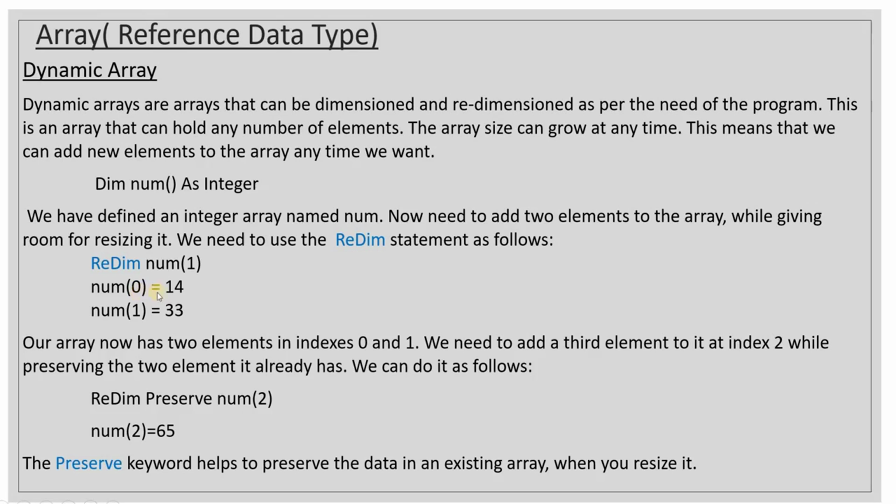At index 0 we have the value 14 and at index 1 we have 33. Now we add a third element at index 2 while preserving the two elements. We want to preserve these elements and add a new index 2 value.